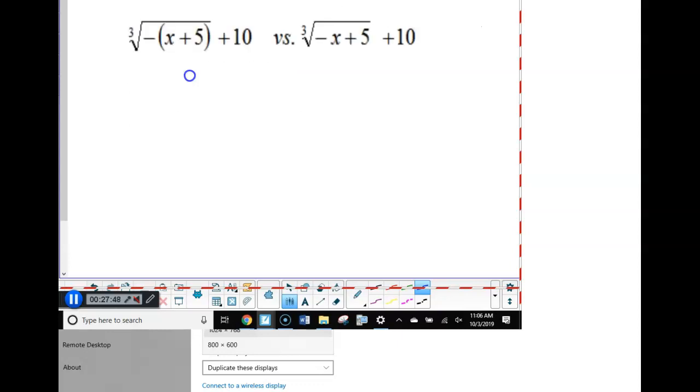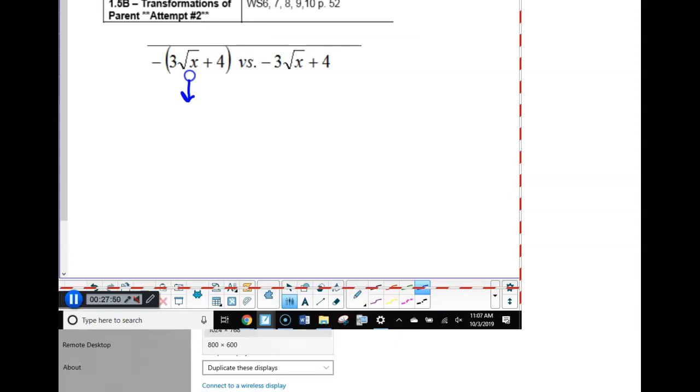Okay, but let's back up and talk about the difference between these real quick. And you don't even need to write them down if you don't want to. If I were to tell you to put a 9 into this, what would you do after you put the 9 in? You'd square root it, then multiply it by 3, then add 4, and then take the opposite of it.